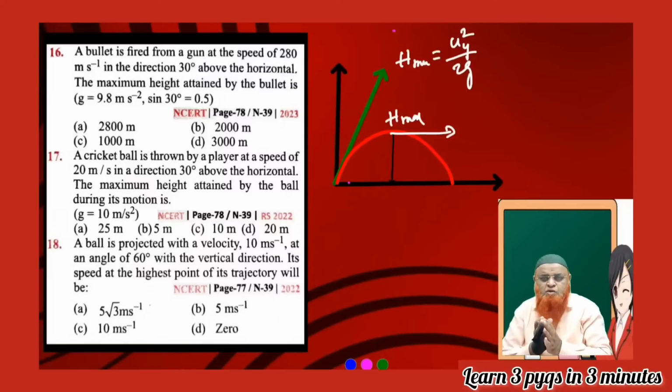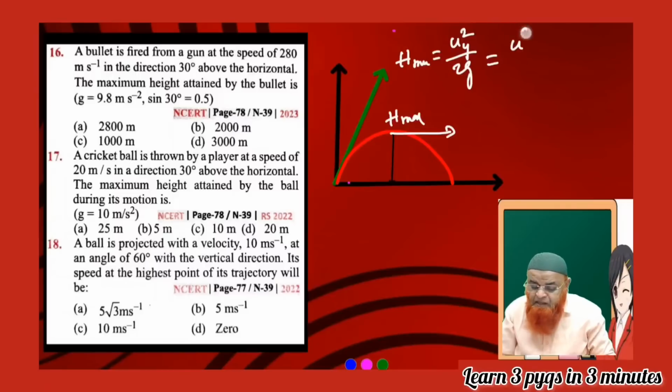In one dimension, you use u square by 2g to find the maximum height. If you remember this formula, you can apply the same formula here, but the thing is slightly different: instead of u square by 2g, you write uy square by 2g, where uy is nothing but u square sine square theta by 2g.